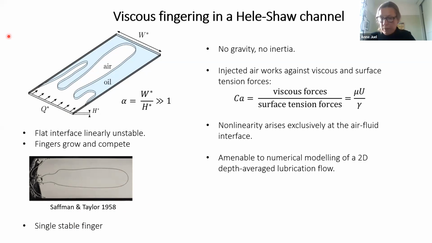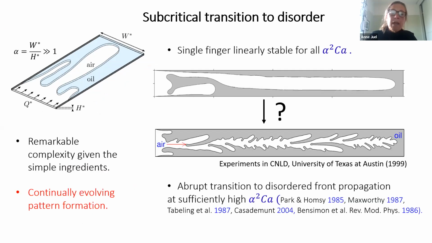Now it doesn't stop there. In terms of parameters, we have a Saffman-Taylor parameter, which is the aspect ratio squared times this capillary number, alpha squared times capillary number, and the single finger can be shown to be linearly stable for all values of this parameter.